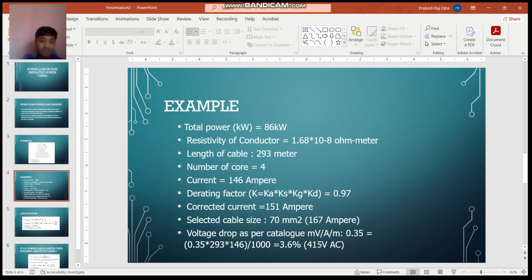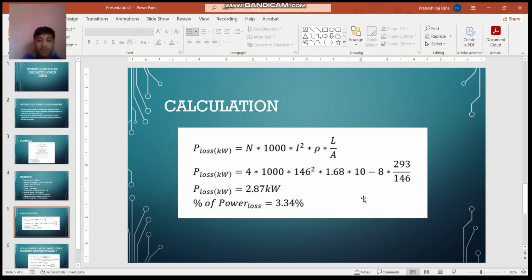So considering the three phase AC 415 volt, 0.35 times 146 ampere times 93 meters, and if we divide by 1000 we get 3.6% in 415 volt AC, which is quite acceptable relative to 5% consideration. And the power loss, as we saw in the previous formula, we get power loss of 2.87 kilowatt, which is 3.34%.